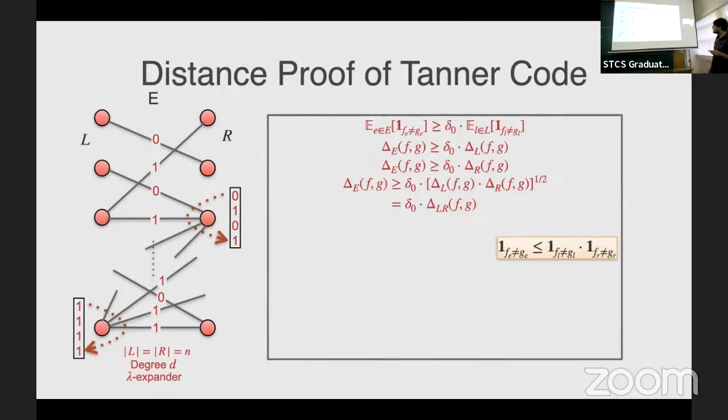One of the key steps that we will use is this inequality just about indicators. If E is an edge and L and R are its left and right endpoints, then if F and G are not equal on the edge E, then F and G are also not equal on the vertex L, and F and G are also not equal on the vertex R. What this allows us to do, when we are looking at edge distance, is to split it into a product of functions on left vertices and right vertices.